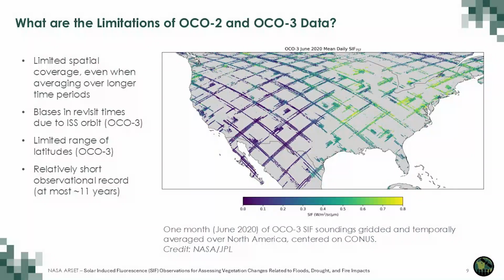Another challenge that we encounter with any of the products that I've just mentioned is that their observational record only goes back about a decade. For OCO2, we have 11 years of data, and at the most, there's GOM, which stretches back to 2007, but even that is not very long.